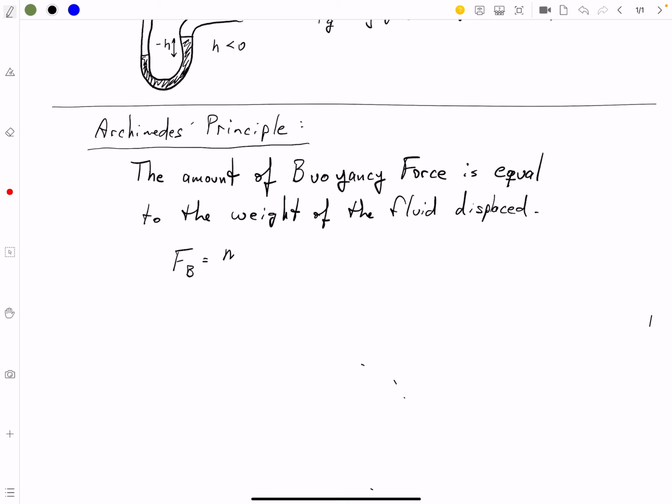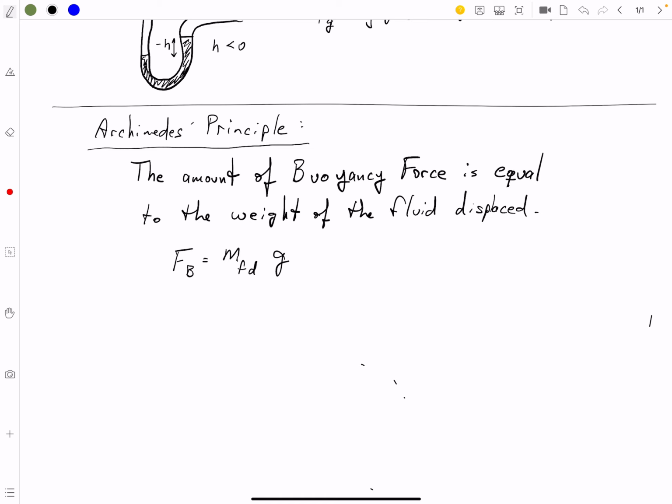I'm going to do mass of fluid displaced times gravity. All right? Because that's basically what we're talking about. And so now that's fine. That's Archimedes' principle, and we went over it pretty well in class.